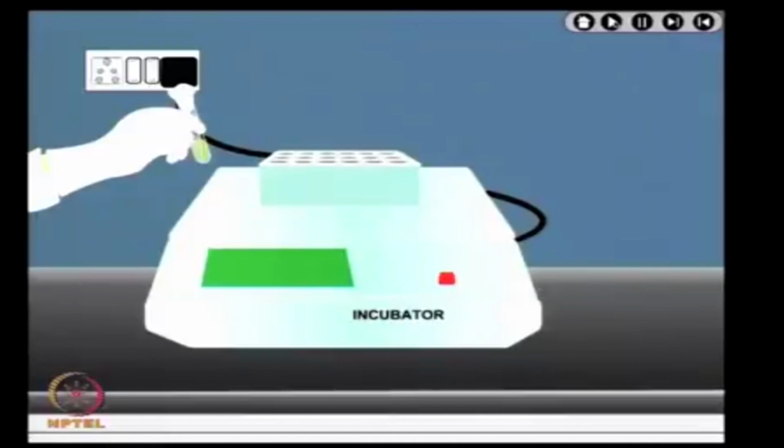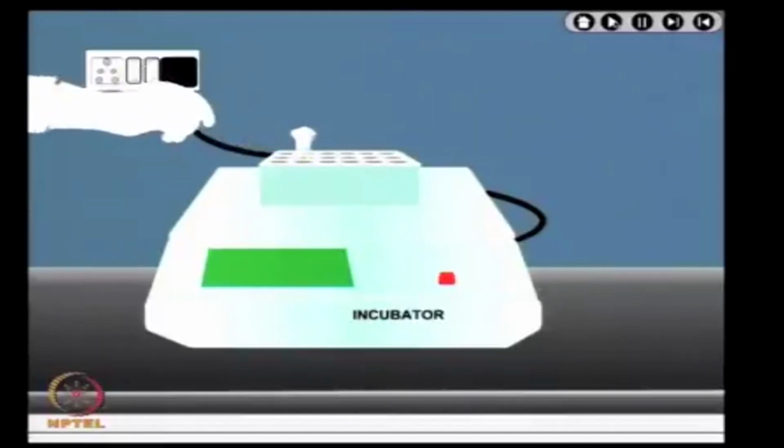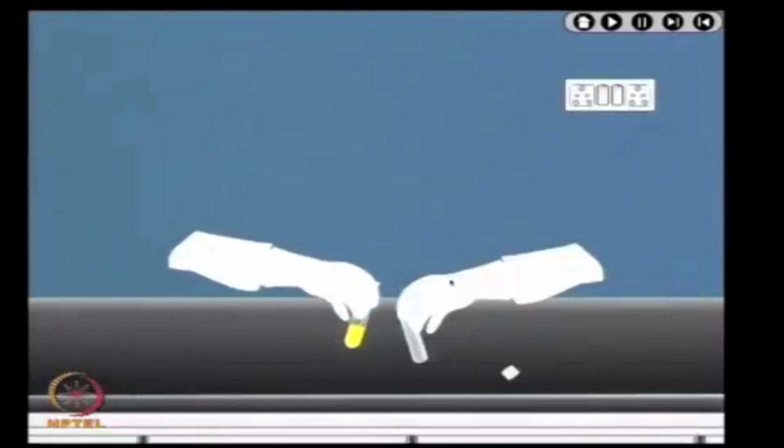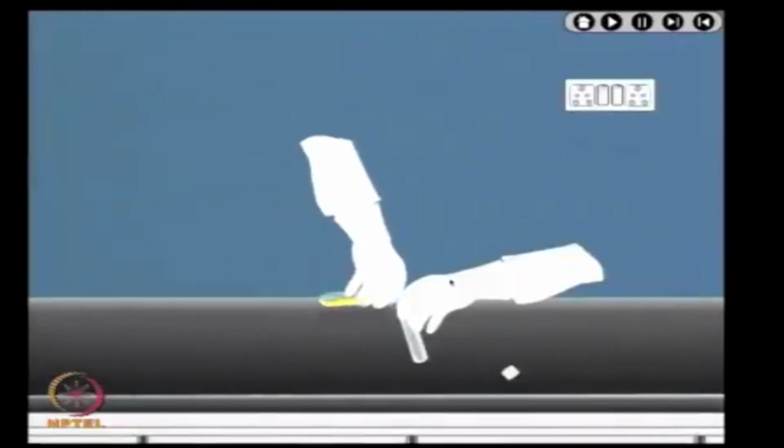For any bacterial proteome analysis, first you need to grow the bacterial cultures on LB media containing a suitable antibiotic. Then the proper 37 degrees temperature is provided for overnight or 6 to 8 hours of growth.